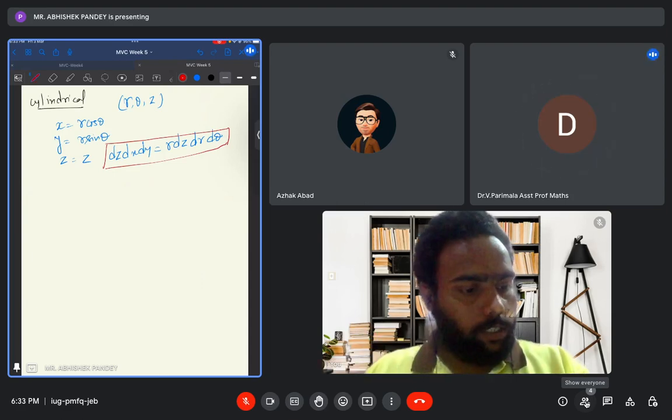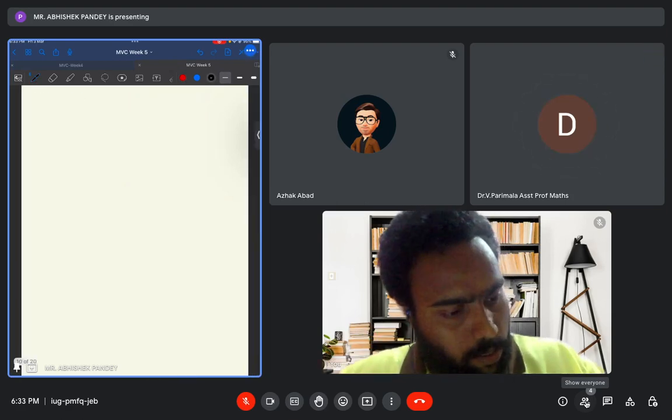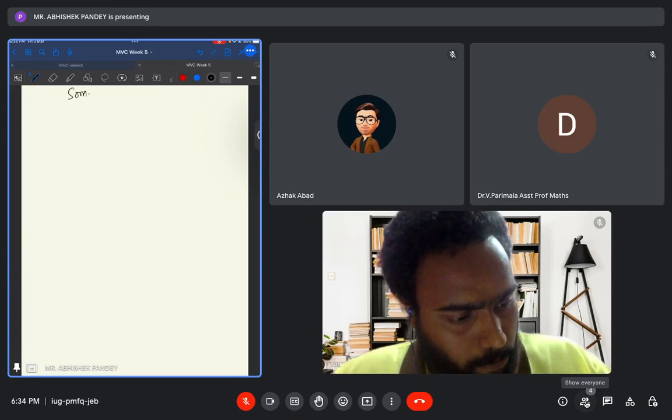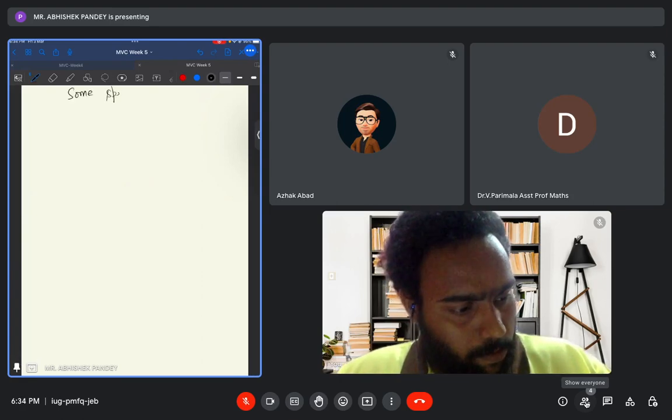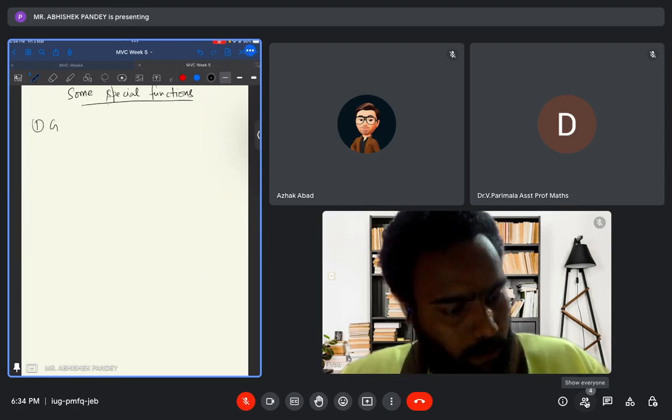Okay, so also let us see some special functions. First one is the gamma function.